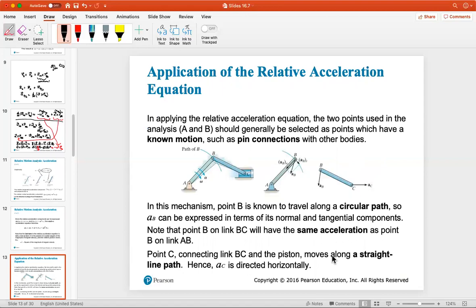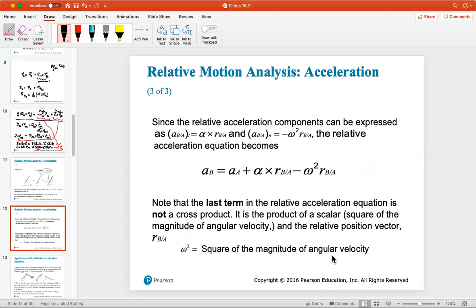So what are you going to have to do for these problems? You'll notice that if you want the acceleration of b, it's not enough to know the acceleration of a and maybe alpha. You also have to know omega.